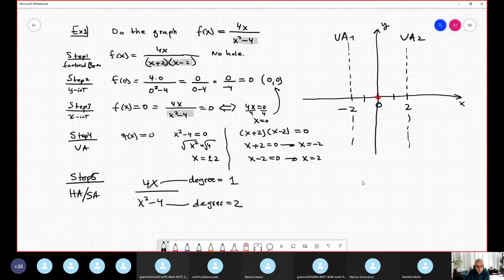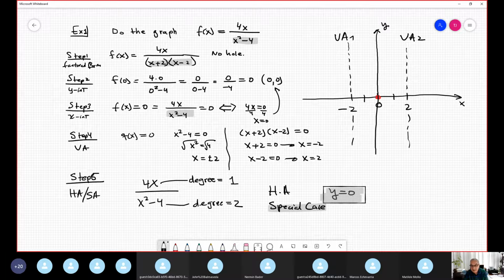So, when the degree of the polynomial in the bottom is greater than the degree of the polynomial in the top, we have a horizontal asymptote. It's a special case, at y equals 0. Always, because it's special. So I plot that.